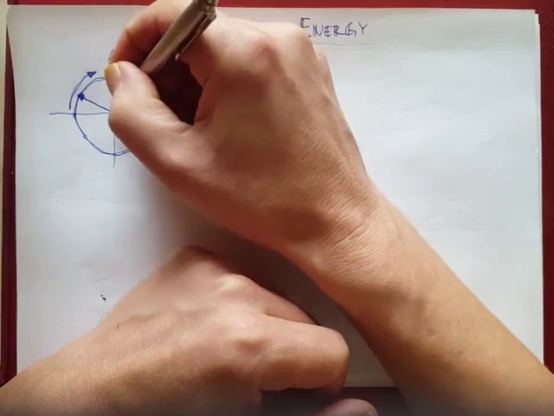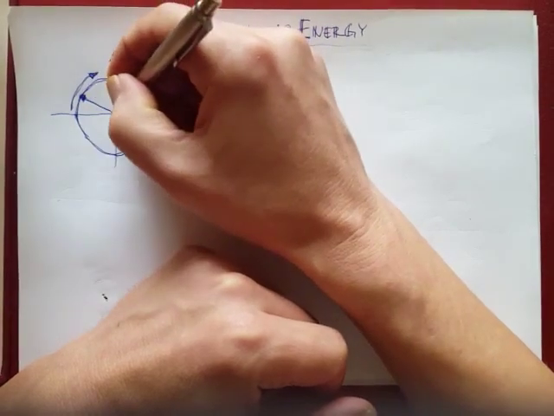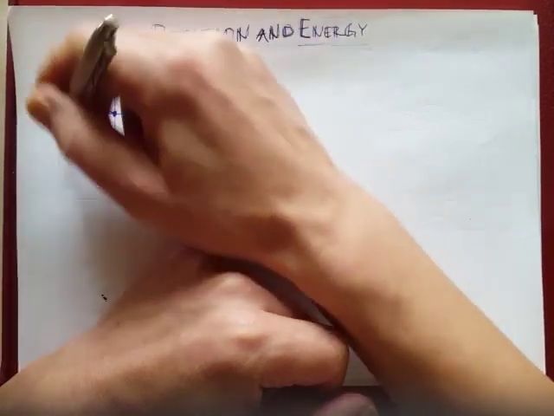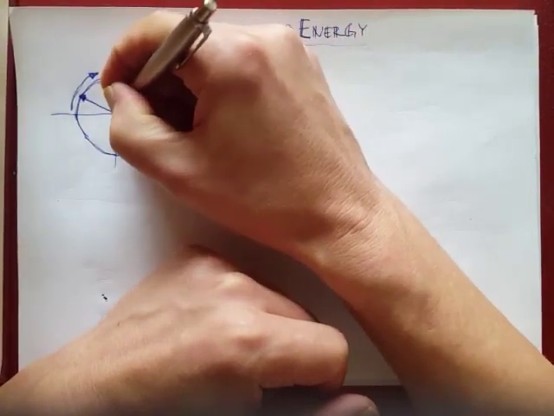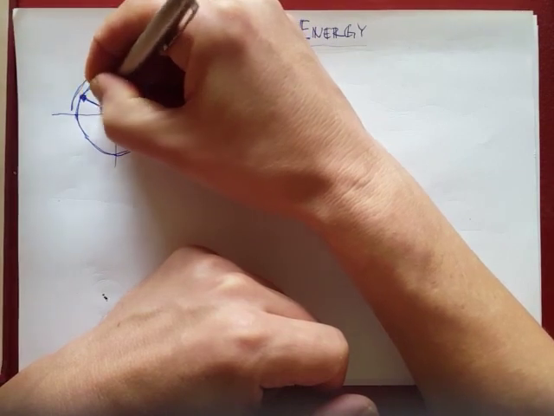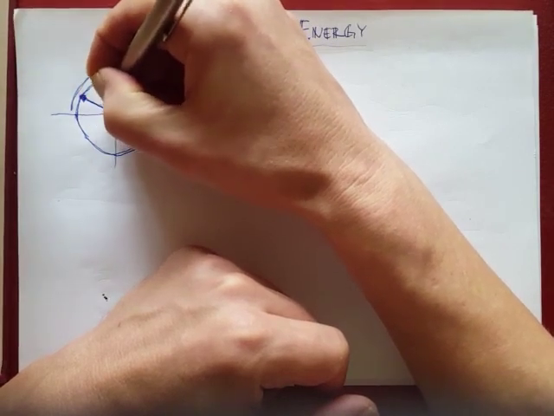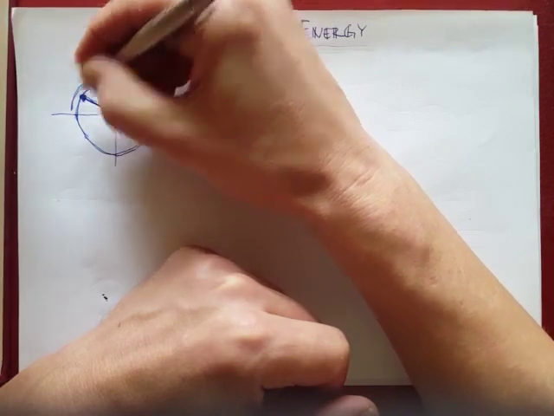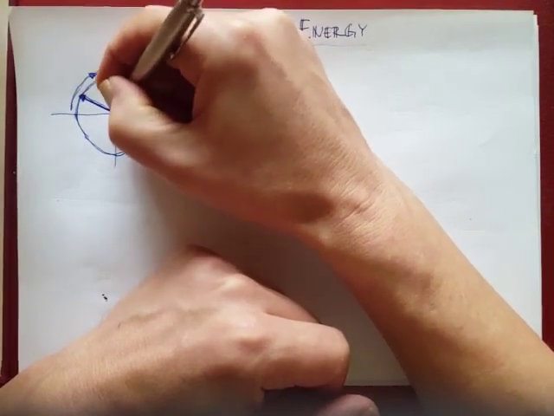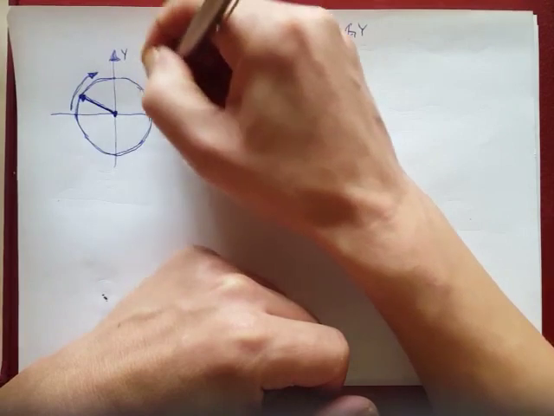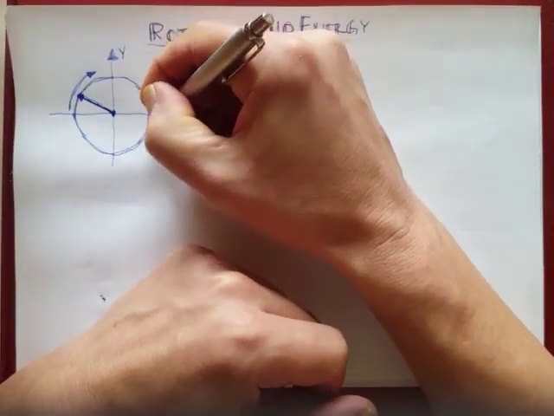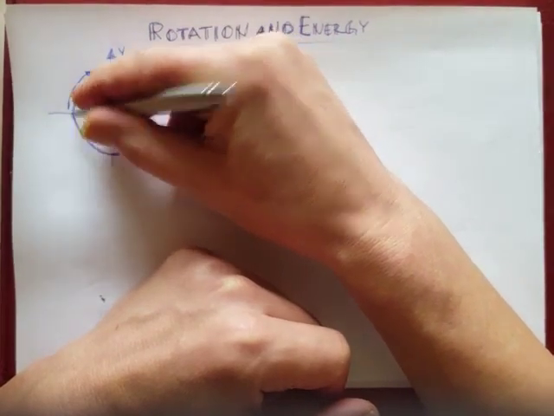You can also think about it, instead of a handle, as a spot that rotates around here. But for this presentation, we're going to think about it with a handle, and that handle has a length, and then it's going to rotate like this. So this is a spatial representation of the rotation.